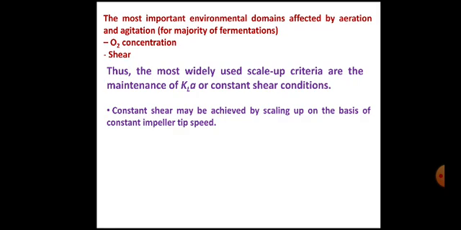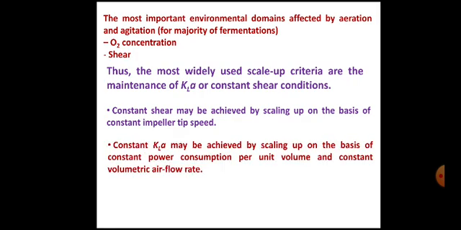Constant shear conditions may be achieved by scaling up. Scaling up means the study of parameters. So scaling up on the basis of constant impeller tip speed gives constant shear, and constant KLA may be achieved by scaling up on the basis of constant power consumption per unit volume and constant volumetric airflow rate.